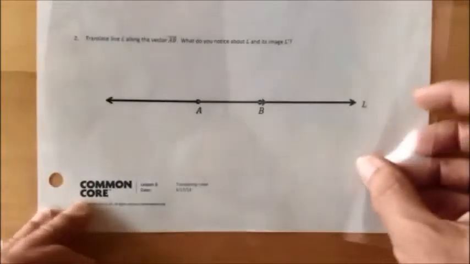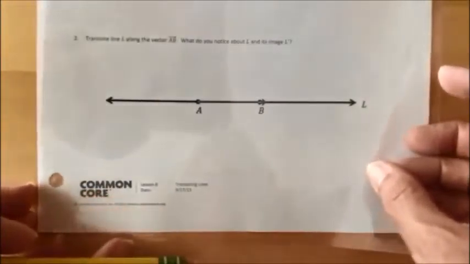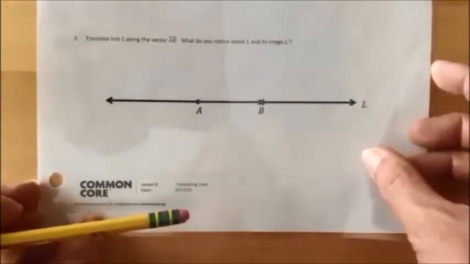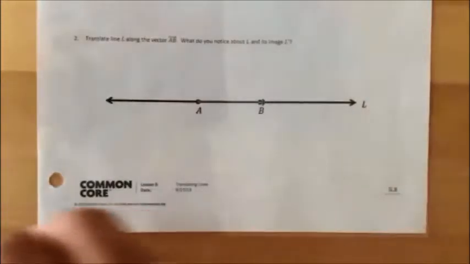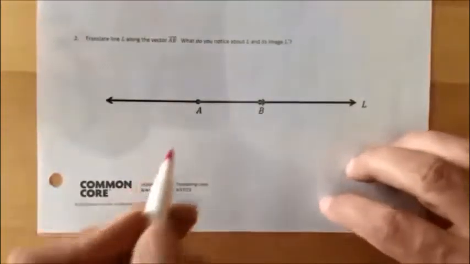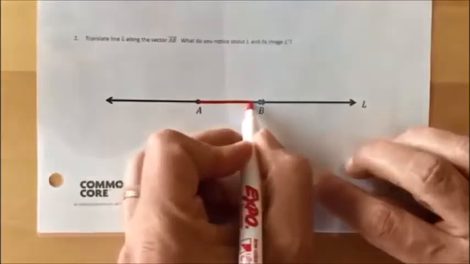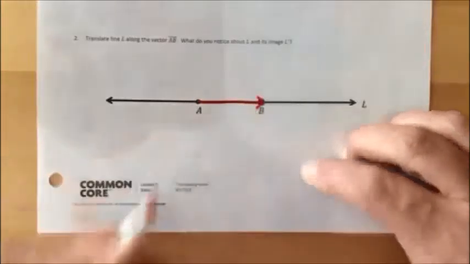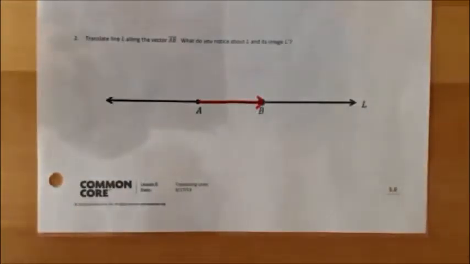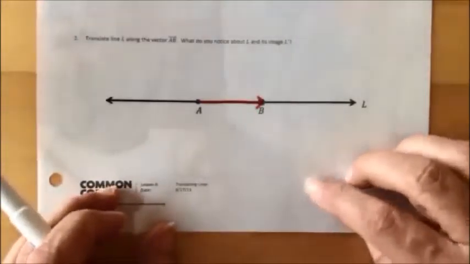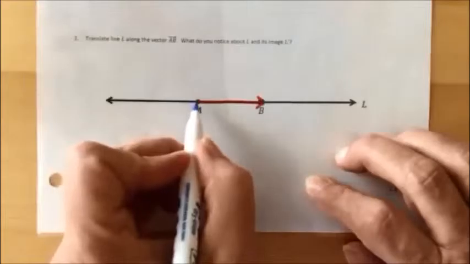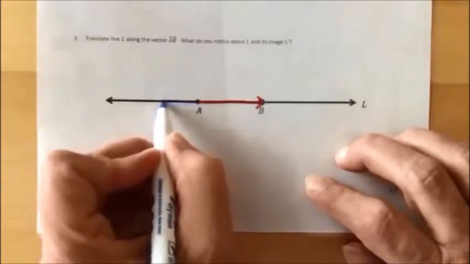This is what yours should look like. I'm going to use red whenever I'm tracing my vector. You can use the same color, it doesn't matter, but for my demonstration I'll use red for the vector and blue for whatever I'm translating. So let's make line L blue.